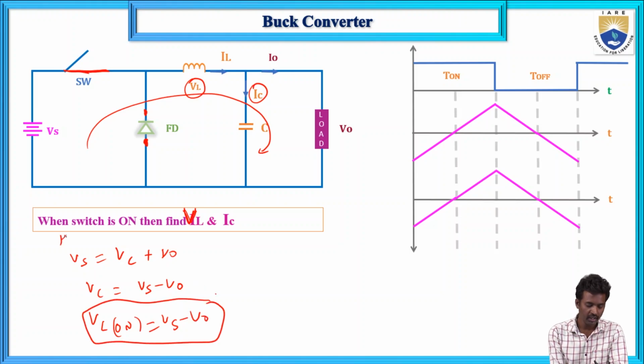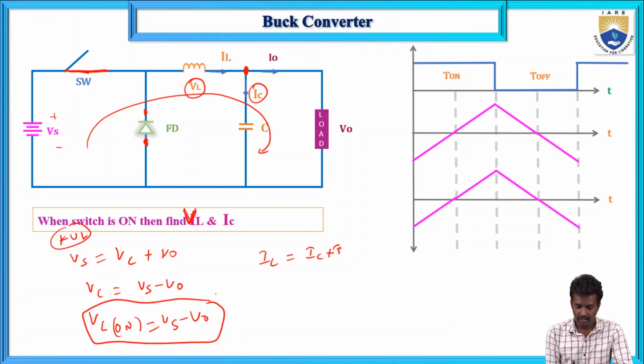When you apply KVL, the diode is an open circuit because its cathode is plus and its anode is minus; it is in reverse bias. So the path is the voltage source, this switch, this inductor, and this capacitor. If you apply KCL at this node, IL equals IC plus I naught.